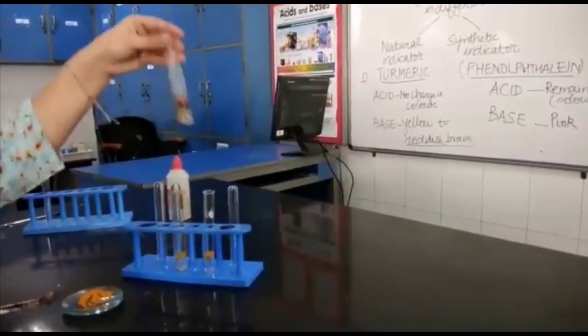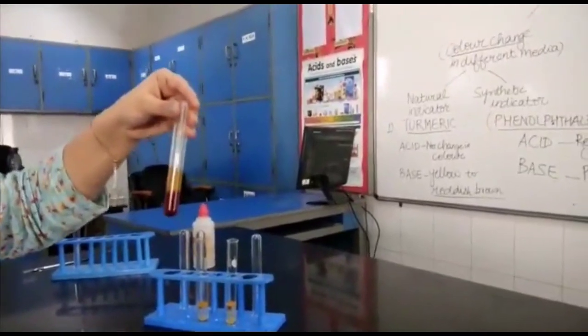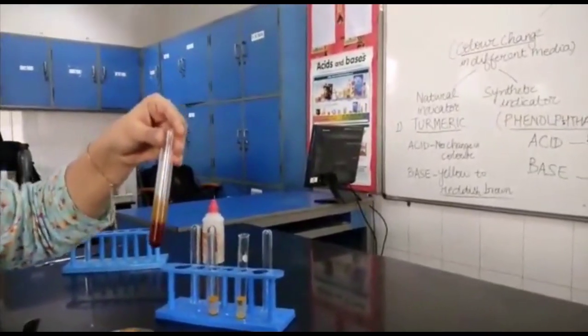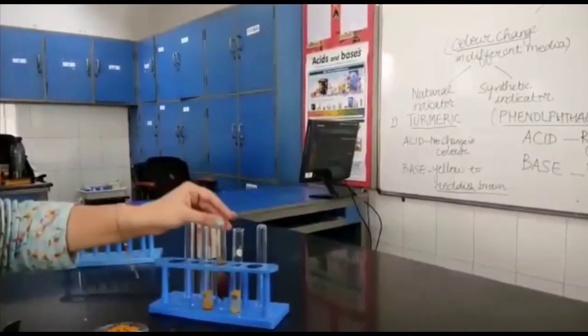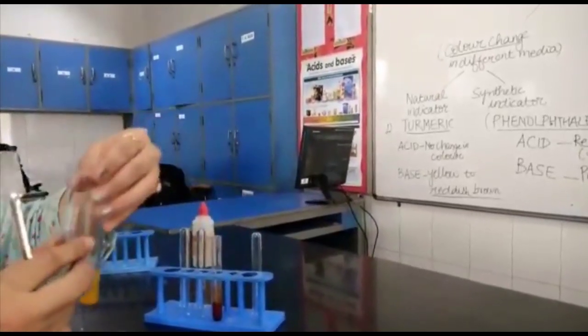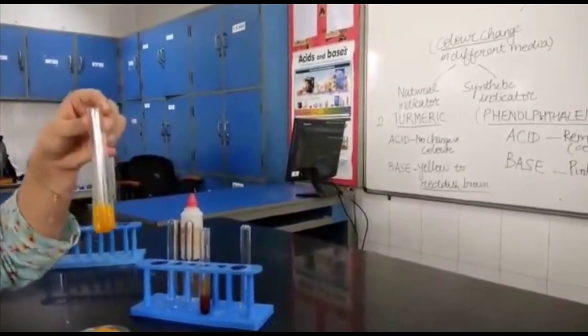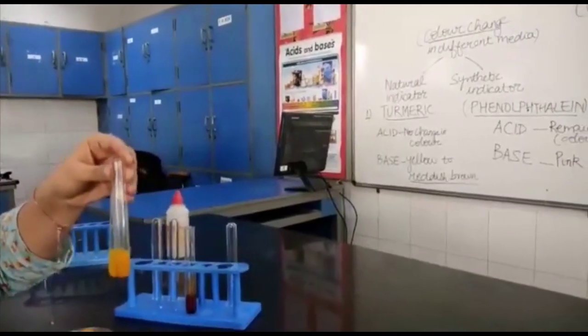The test tube in which turmeric turns reddish brown confirms the presence of a base, whereas the test tubes in which the turmeric remains yellow make us find out which one is acidic and which one is neutral.